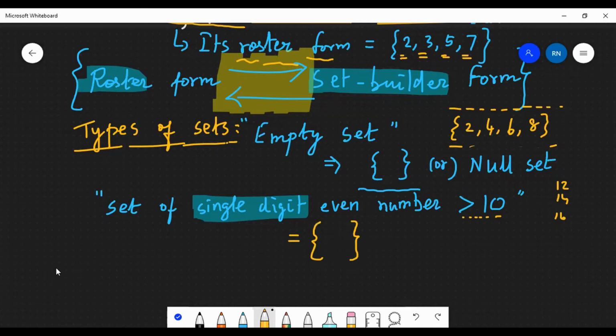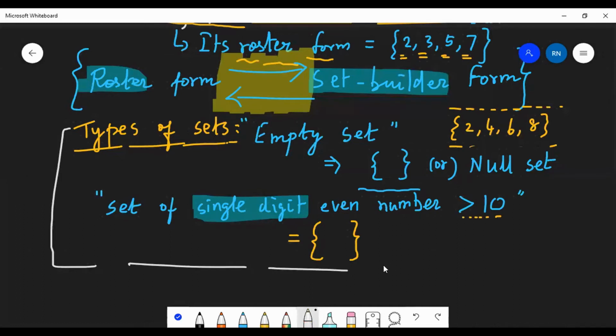There is an answer, but the answer is an empty set. Just for understanding the meaning of the empty set, I have given you a kind of impossible collection, a collection of single digit even numbers, but going above 10. So the set is definitely going to be empty.